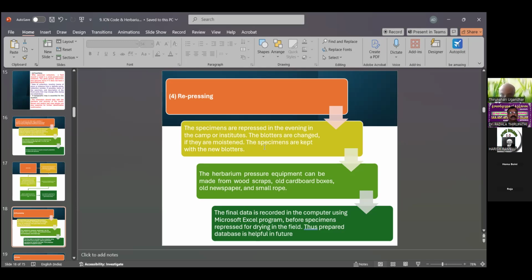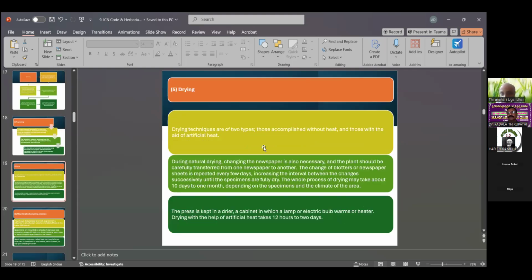So the final data is recorded in the computer using the Microsoft Excel program before specimens are sent for drying in the field. Preparing the database is helpful in future, which is also computer based. Microsoft Excel is one important tool.